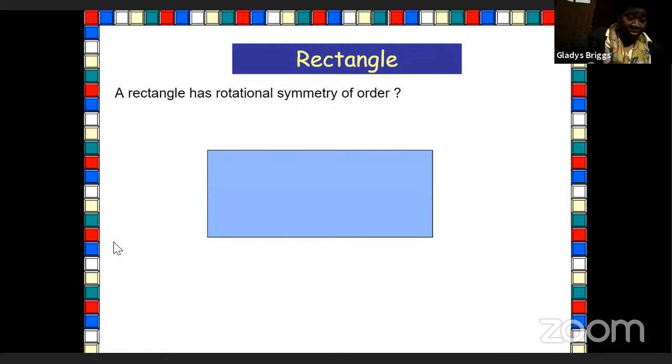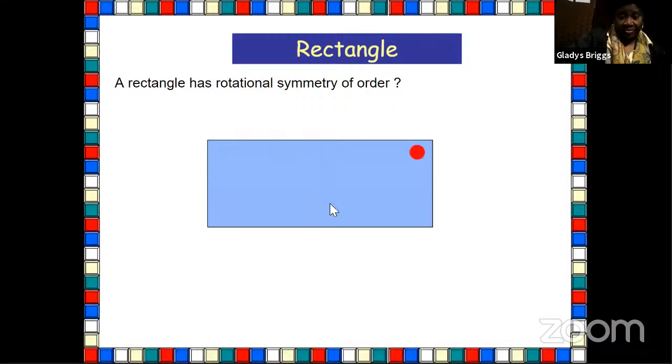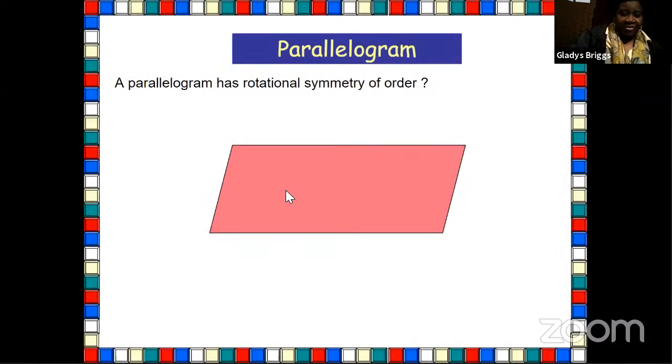So I think a rectangle will be twice. It will be 2 times. Rotational symmetry.